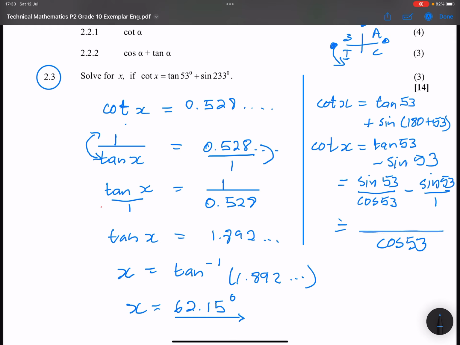All right. And you can then cross multiply your numerator, your denominator with the numerator, right? So which means we've got sine 53 times 1, that's sine 53, minus, here we've got cos 53 times sine 53.